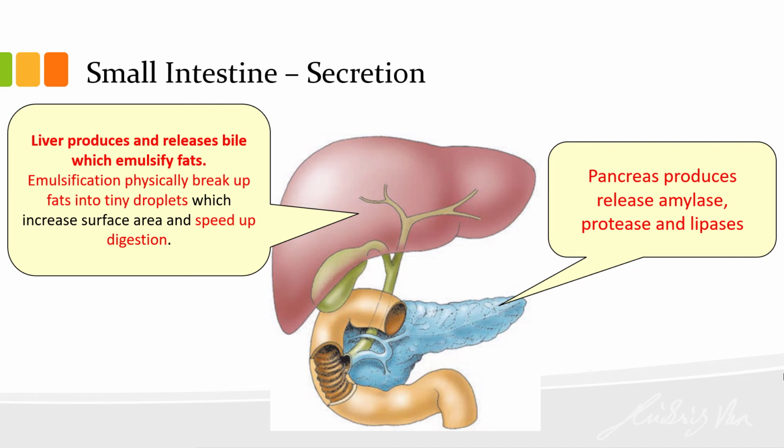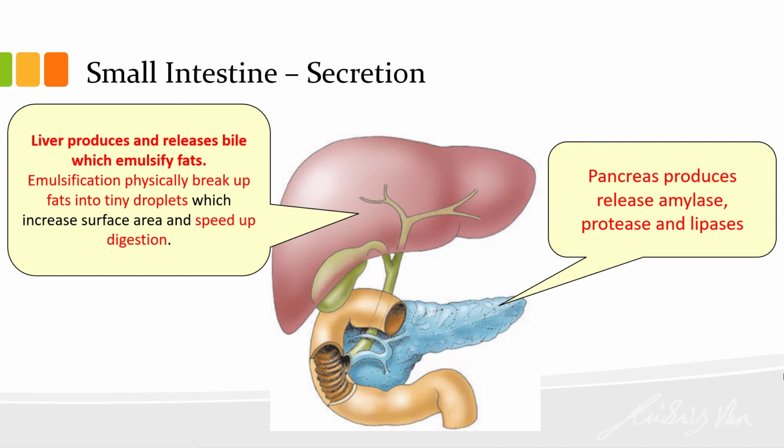So this is a form of physical digestion. Bile produced by the liver actually physically digests the fats in the small intestine. What it will do is break the big fat droplets into tiny droplets.